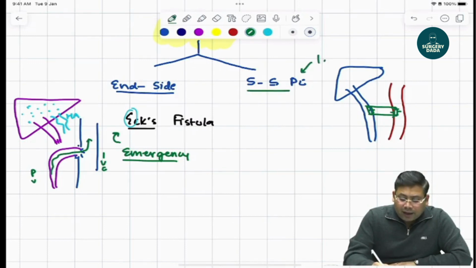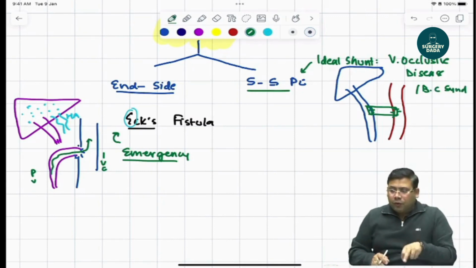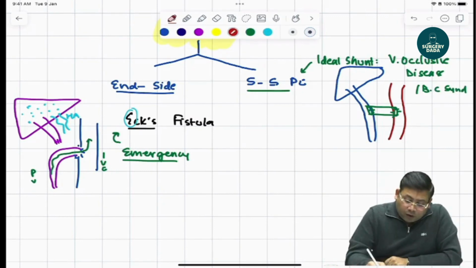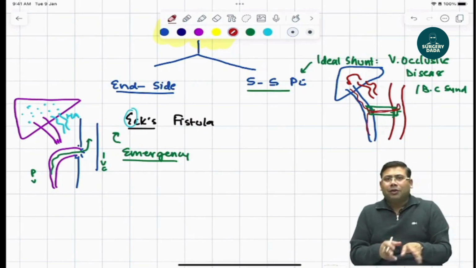This is the ideal shunt for veno-occlusive disease, or you can say ideal shunt for Budd-Chiari syndrome. Why? Because not only this blood, but the hepatic artery related blood will have a retrograde flow and will again flow into the IVC, and that is why both the portal system and the hepatic congestion are relieved.